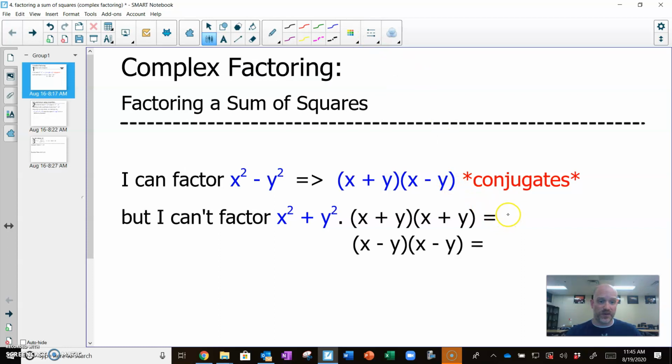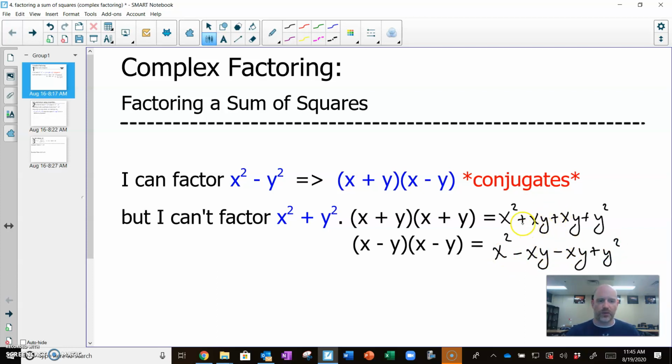Because if I use the distributive property and multiplied all this stuff, I'd end up with what? x squared plus xy plus xy, so there's no conjugates here, they're not eliminating each other, and then plus y squared, okay? Or here I'd end up with x squared and then minus xy minus another xy and then plus y squared, but again, these middle terms here, they're not being conjugated, okay?